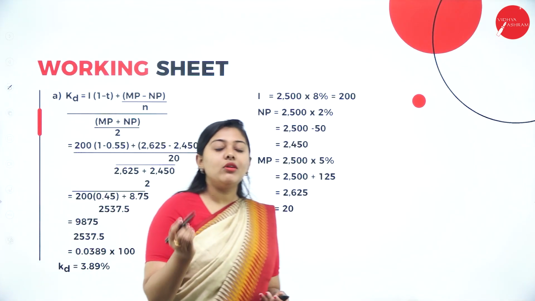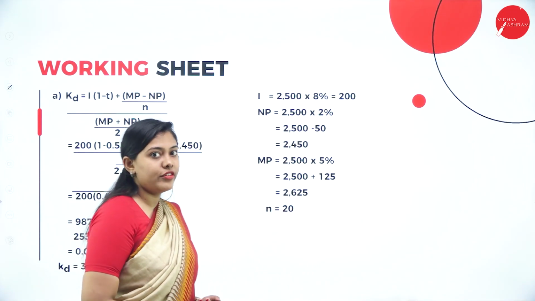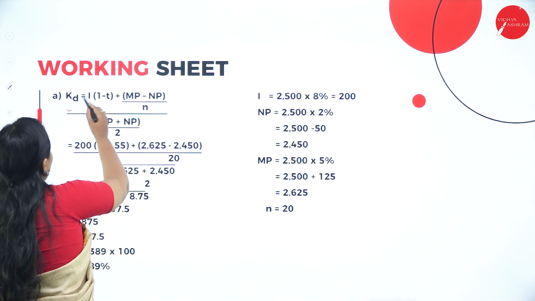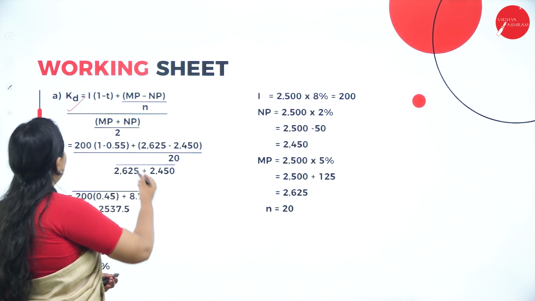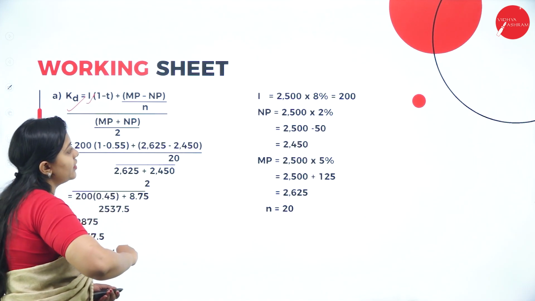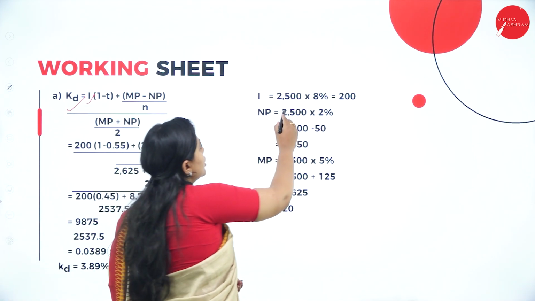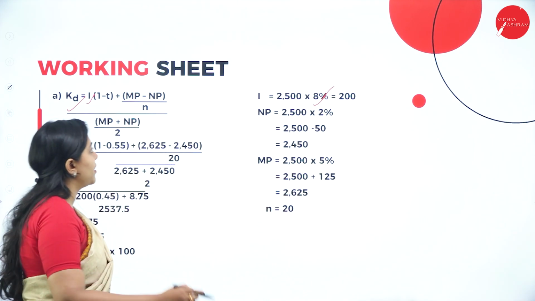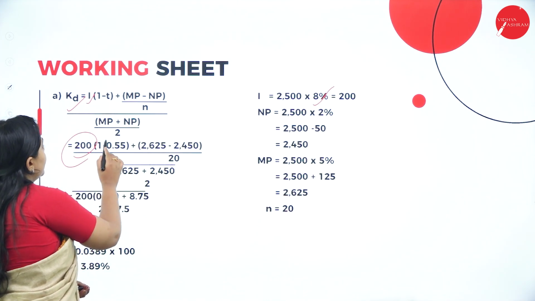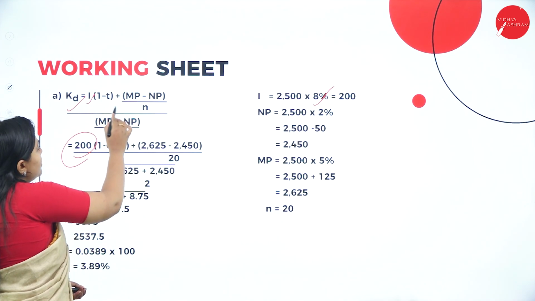Moving forward, now let us calculate the cost of debenture. What is the formula? It is the redeemable formula. The interest we have calculated is 2,500 into 8%, which is 200, multiplied by 1 minus tax.